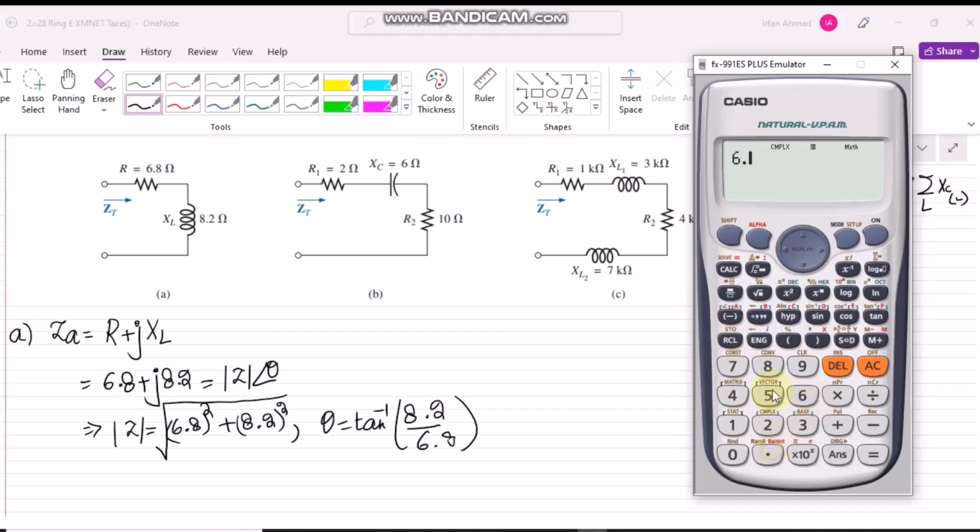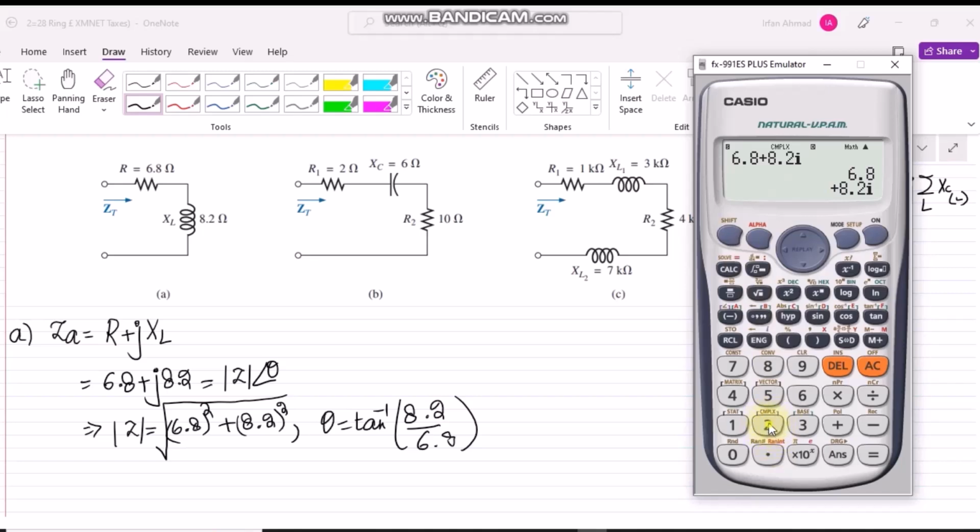So, 6.8 plus 8.2, and with it I have to write the iota, because this calculator does not have the j term. So let me write iota here. Once I have written it, it will be like this. In order to convert it into the polar form, after writing it in the rectangular form, let us press shift here, and here we can see that in 2 it is written complex here.